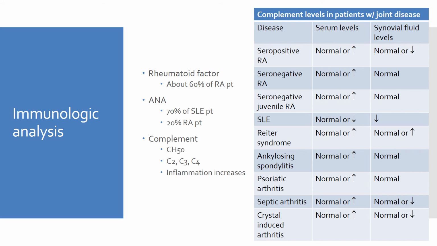But here's the difference. When a patient has RA or SLE, that complement is actually consumed by the inflammatory process. So even though there's inflammation present, the complement levels are decreasing when you compare them to that 40 to 70%.